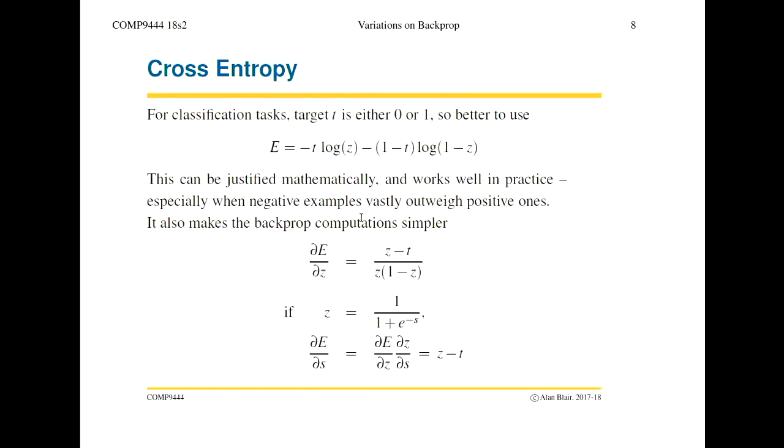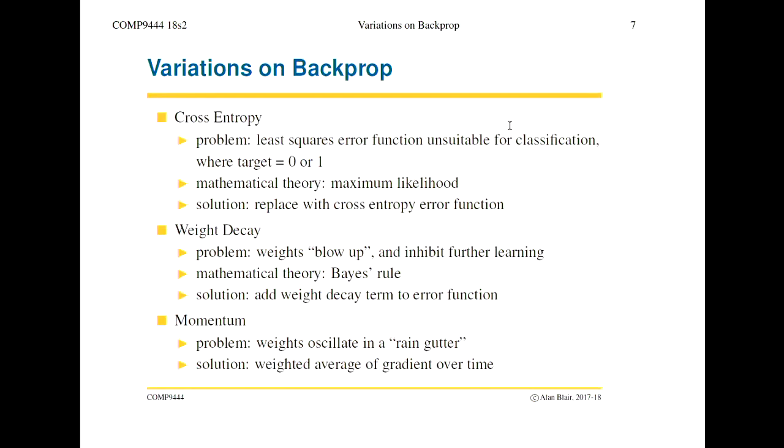Okay, so where are we? Right, so what we discussed before is kind of the normal, the sort of plain vanilla backpropagation. Now, there's a few different variations of backpropagation.